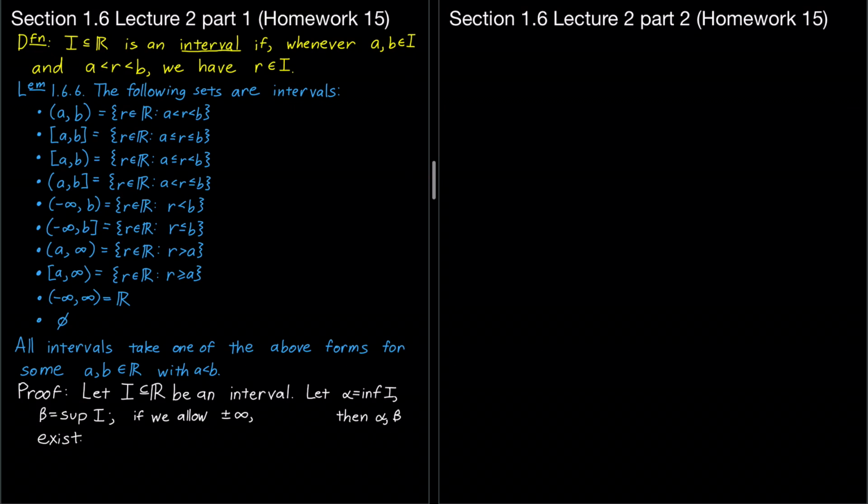I claim that it suffices to prove that the open interval with lower endpoint alpha, higher endpoint beta is contained in I. Because alpha is the infimum, beta is the supremum, either I is just this interval from alpha to beta, or you throw in one of the endpoints, and that gives us one of those 10 possibilities written as intervals in Lemma 1.6.6.